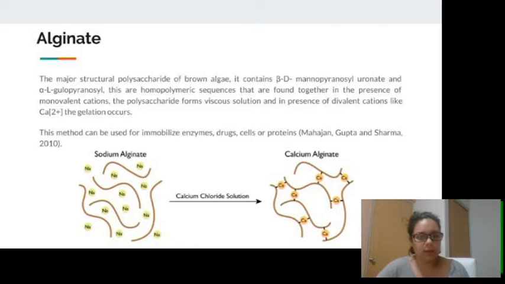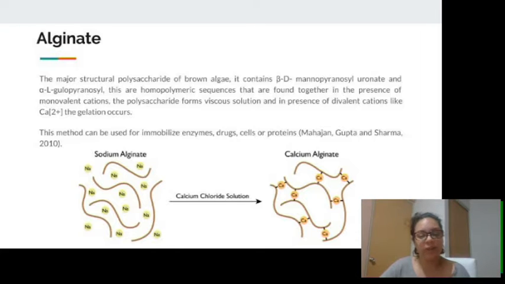We can see in the image the sodium alginate, and when it is in the presence of calcium chloride solution, it transforms into calcium alginate. As we can see in the image, the sodium alginate in calcium chloride solution creates a hardened calcium alginate.